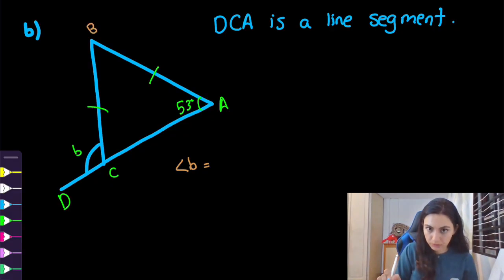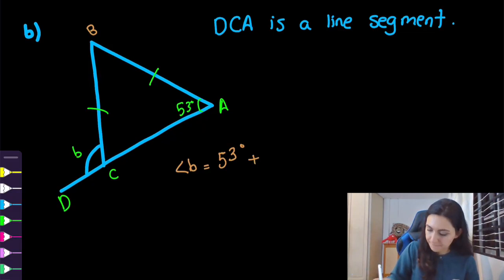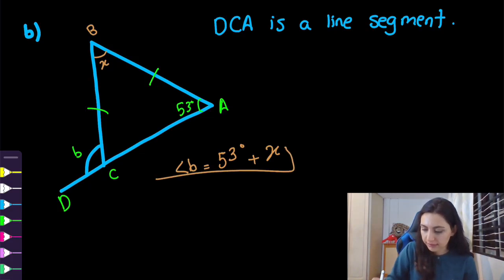So B, I'm going to write it down. Make sure which B I'm talking about, not the capital B, angle B, not the point B. Angle B is equal to 53 plus, I'm going to call this angle X, plus X. Okay? So this is one thing I know from the last lesson.